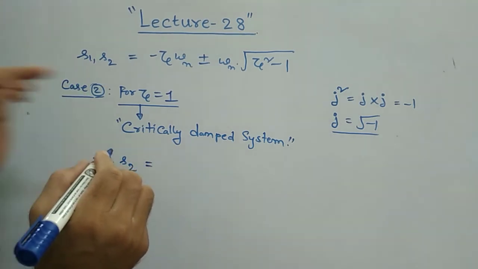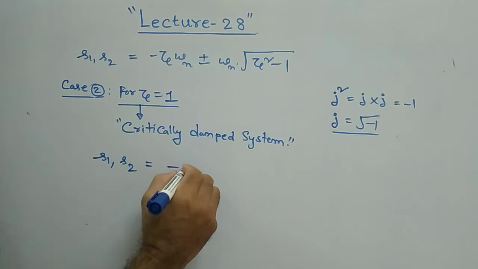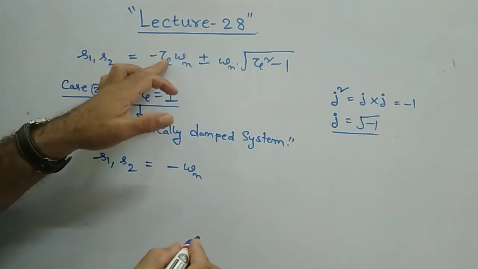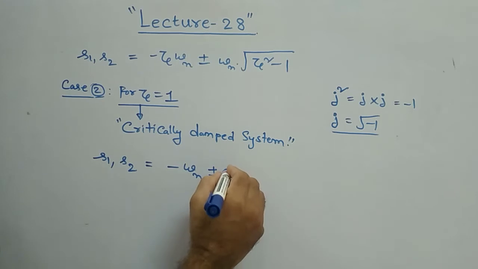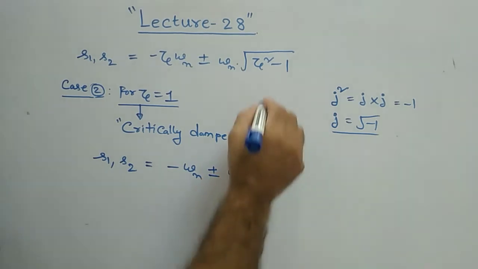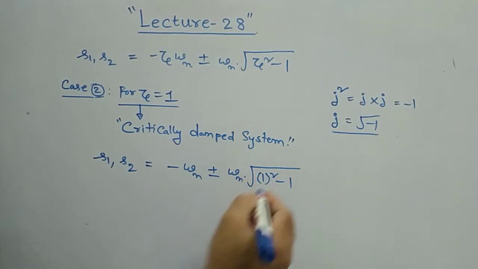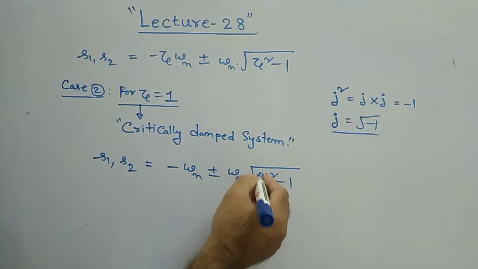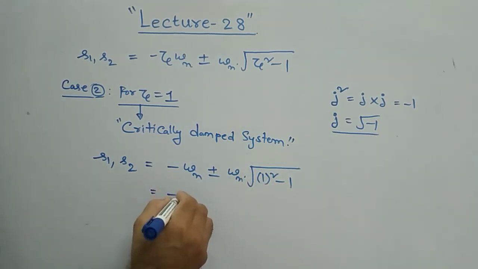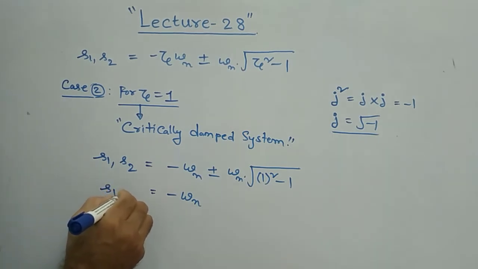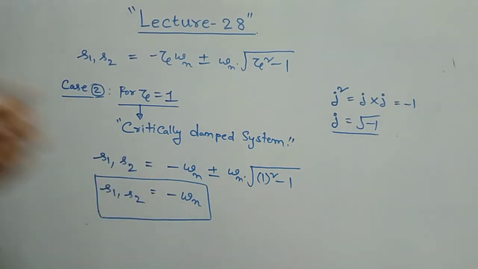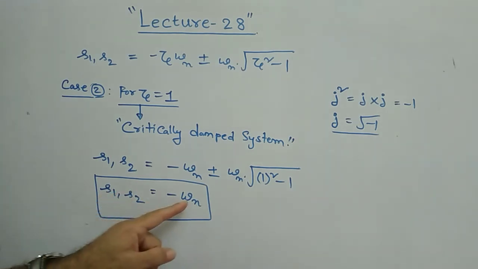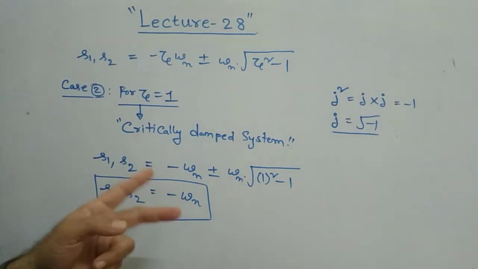S1, S2 is equal to minus omega n, because the zeta value becomes 1. Omega n under the square root of zeta square, that is 1 square minus 1, which is 0. So 0 into something is 0, and you will have only minus omega n. So S1 and S2 are both the same roots, and the roots are equal.